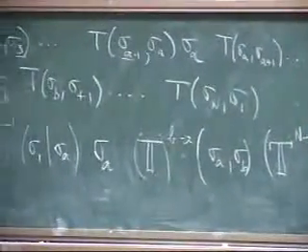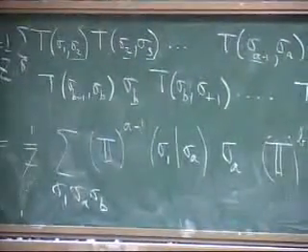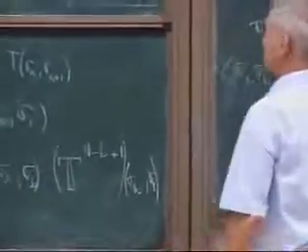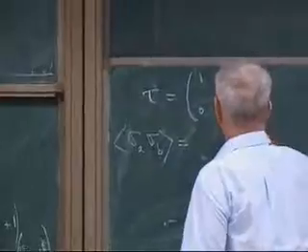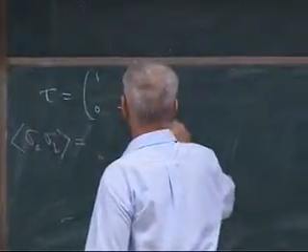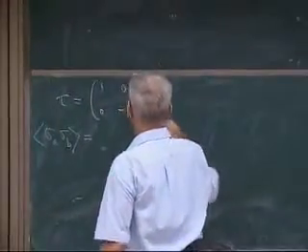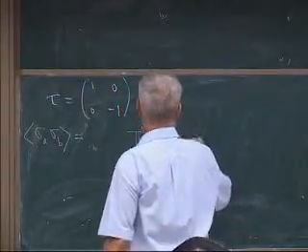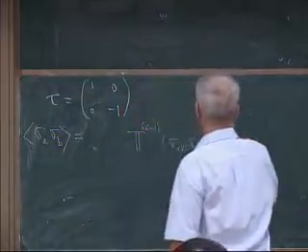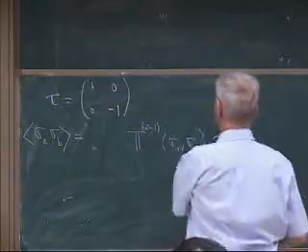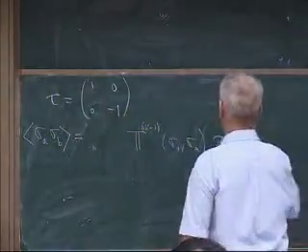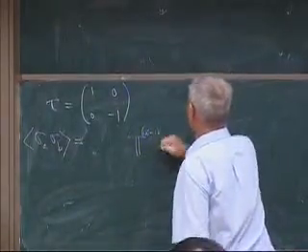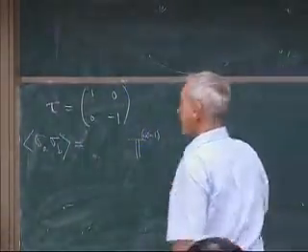So I have my correlation function. I can write it, T to the power A minus 1, sigma 1, sigma A, tau A, you see. Alright, let me write it like that. I will try to be a little quicker.